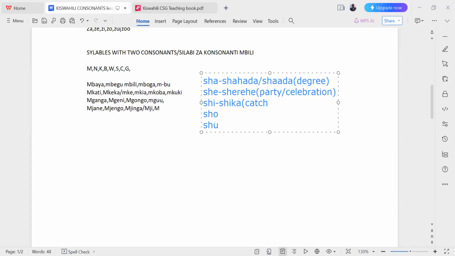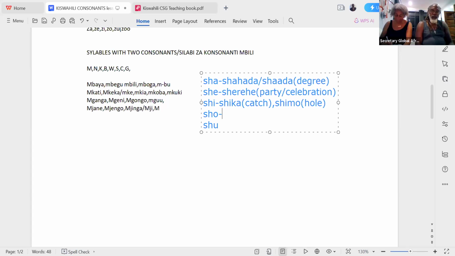We can also have the hard one I don't want to bring, shingo, because it has NG, another tough one. But there's also shimo, which is a cheaper one. Shimo means a hole, a hole in the road or any hole anywhere, you call it shimo.